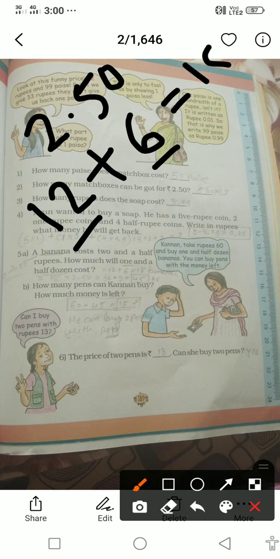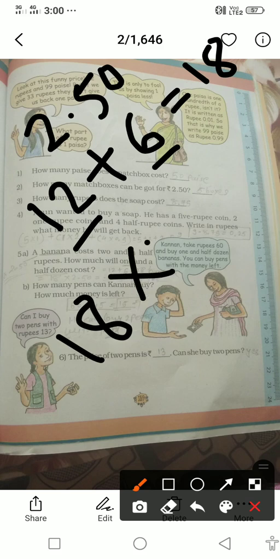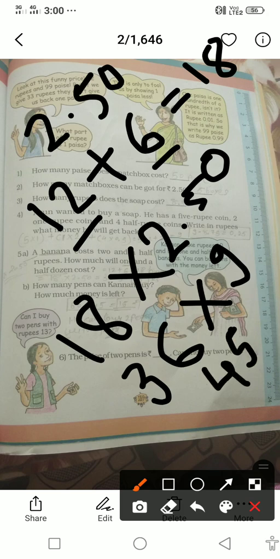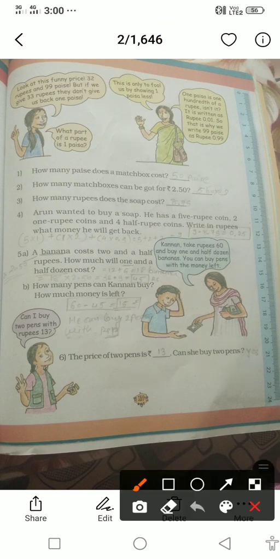So total 18 bananas are there. Per banana cost is 2.50 rupees. So 18 twos are 36, and 18 multiplied by 0.50 means 9 rupees more. So 36 plus 9, total 45 rupees he has to give the shopkeeper for 1.5 dozen bananas.